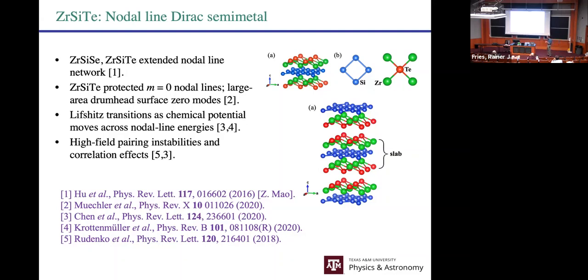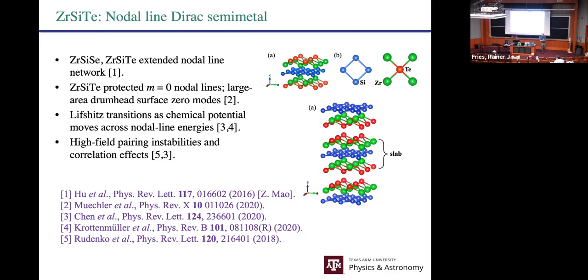So I have zirconium silicon selenide, but there's a family of these three component materials that has attracted a great deal of interest because of the nodal line, again, unencumbered by other states. It's a rather complicated nodal line, a network of nodal lines in this case, but there are a number of interesting properties of this system.